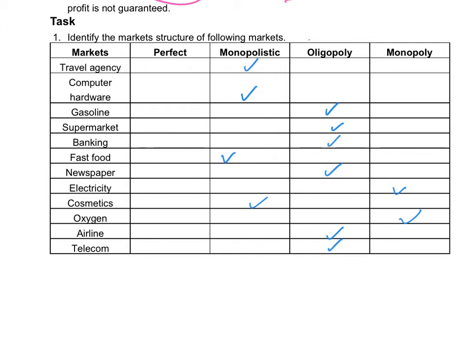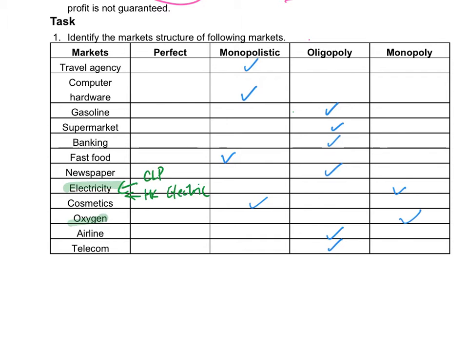Okay, I think that if you have finished, please check your answer. And I will try to highlight some, I guess, some of them that are very special. It's very tricky. For example, the electricity or the oxygen here. Okay, these two are monopolies in Hong Kong. You will find that in Hong Kong there are actually two companies providing electricity service, and they are CLP and Hong Kong Electric.